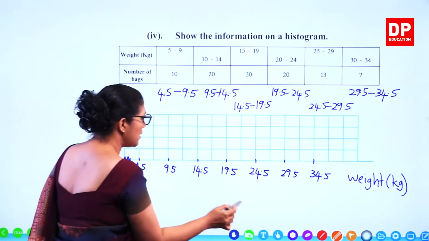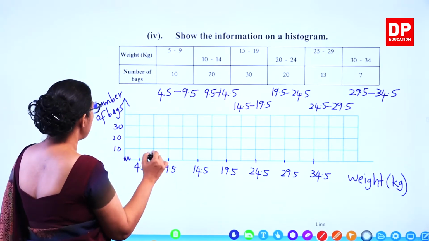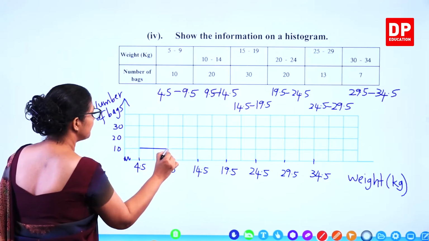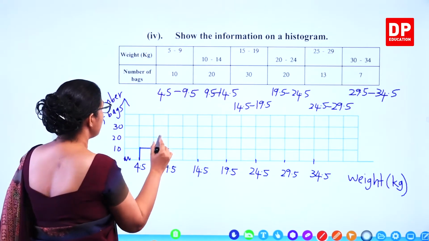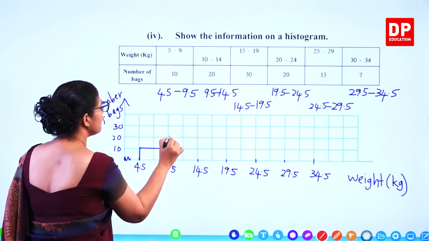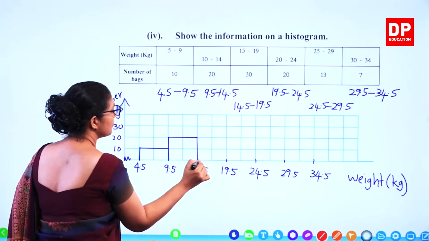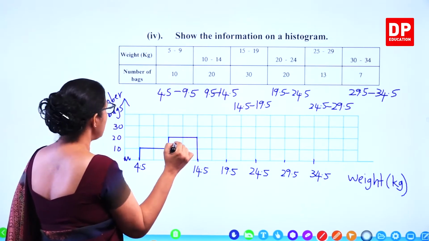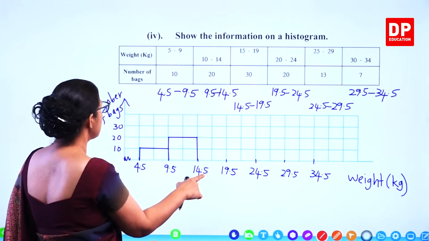Now we can draw the bars. 4.5 to 9.5, that's 10. The next one, 20. The other one, 14.5 to 19.5, that's 30.